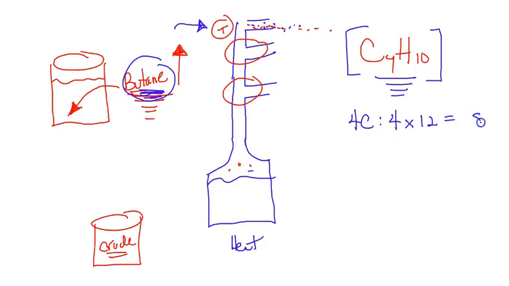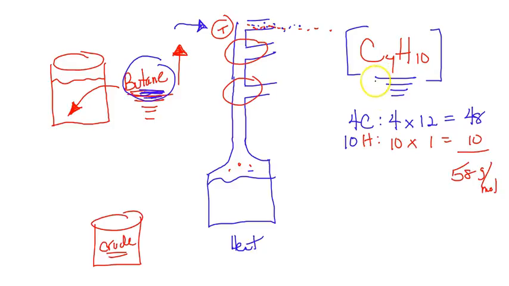So what we got here is 48, and then we have 10 hydrogens. So in 1 mole of this compound, we have 10 moles of hydrogens. I said hydrogen, but carbon came out. All right, so we have 10 of these, and a mass of 1 mole of hydrogen atoms is 1 gram, so we get 10. So what we have here is a molecular mass of 58 grams per mole.